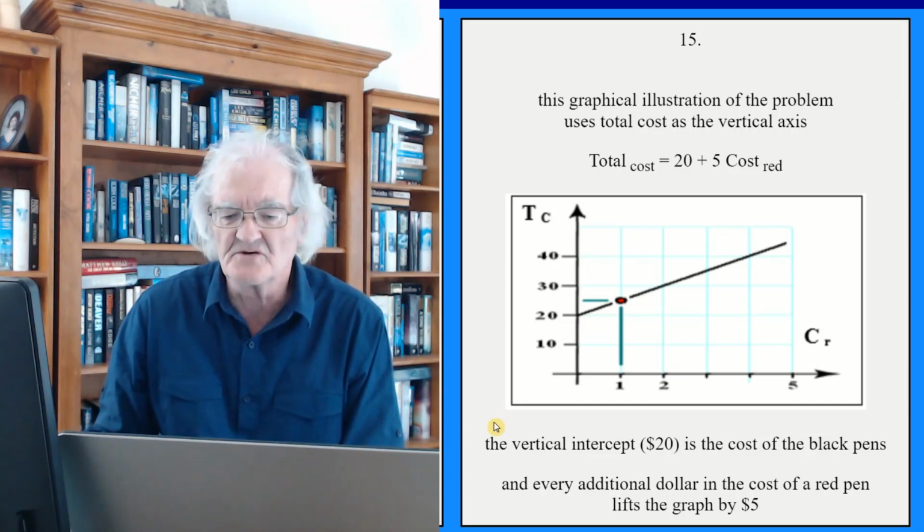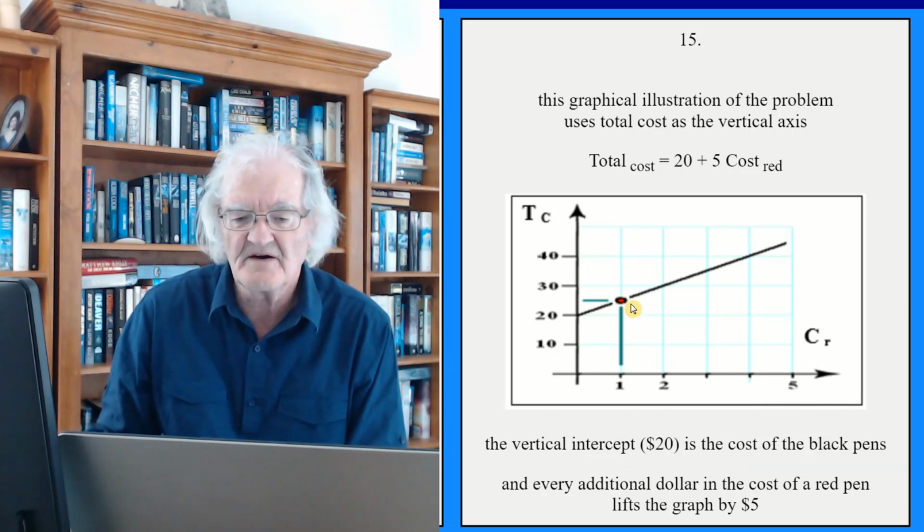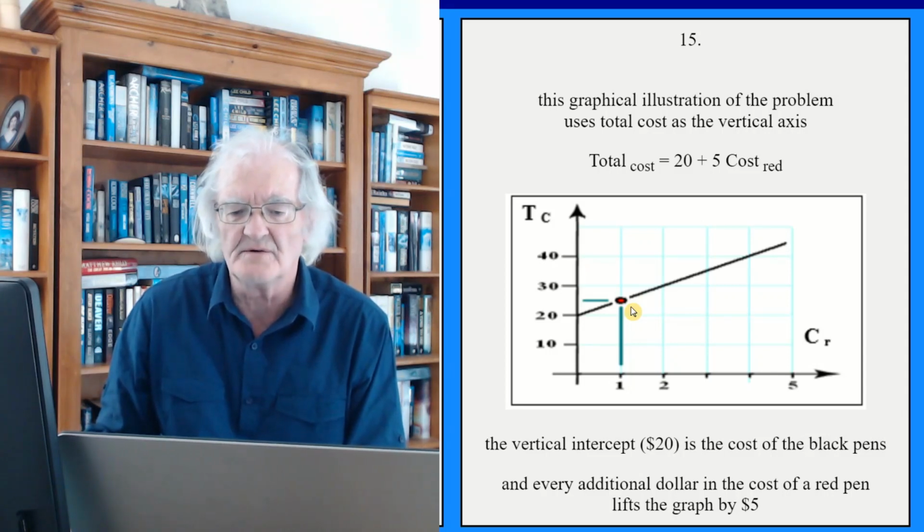And every additional dollar in the cost of a red pen lifts the graph by $5. The point highlighted here is where the structure of the graph matches what we know about the situation. The pens cost a total of 25.